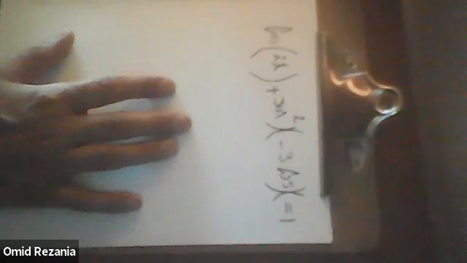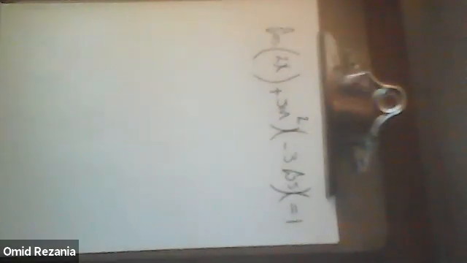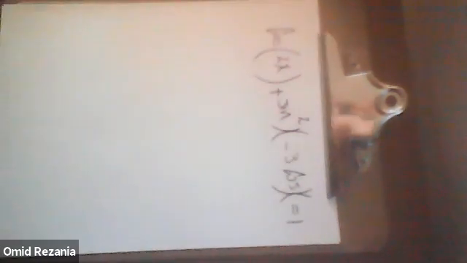We're going to solve this. Does everyone have a good view of what I have written? Do you see this clearly? It's cosine 2x plus sine squared of x minus 3 times cosine of x equal to 1.